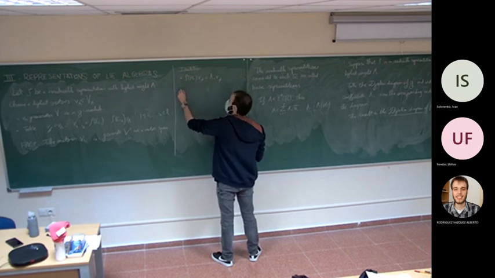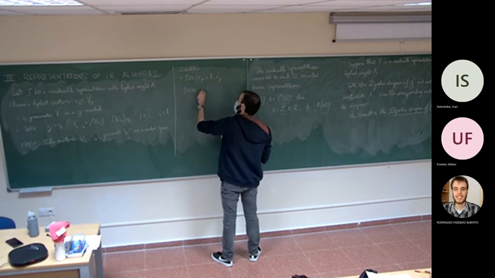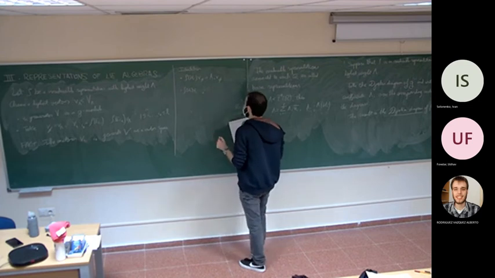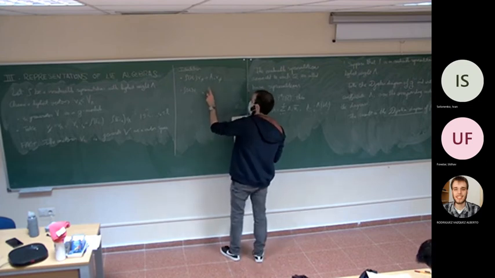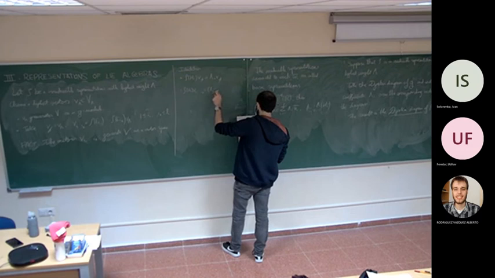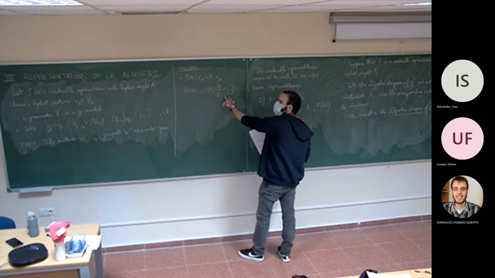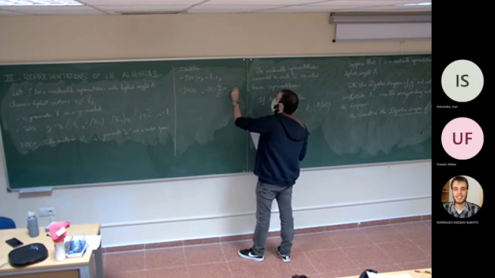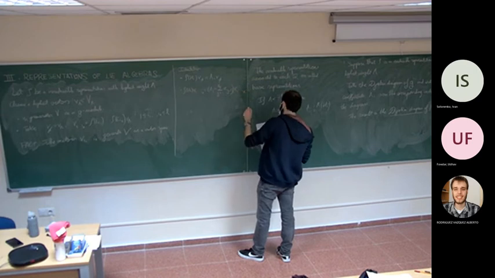Then rho of h_i of V_{i1...ik} is equal to the highest weight, the ith coordinate, minus the sum of j equals 1 up to k of a_{ij}, where these a_{ij} are simply the coefficients of the Cartan matrix, times V_{i1...ik}.